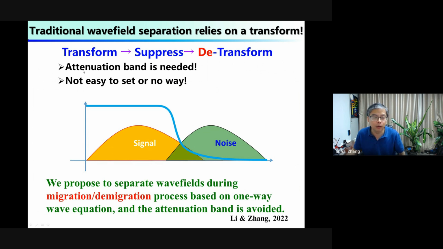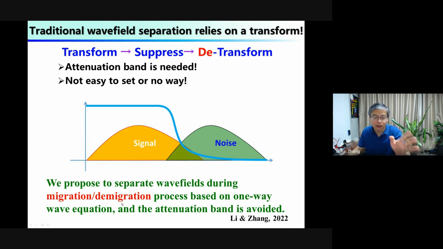But no action is needed in the migration domain. After that, we directly perform the demigration back to the original domain. By this method, we can gradually reduce the random noise. People will say, "Oh, it doesn't work, because you do nothing in the migration domain."